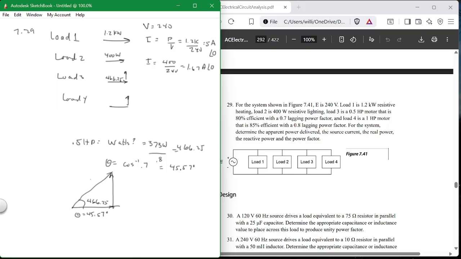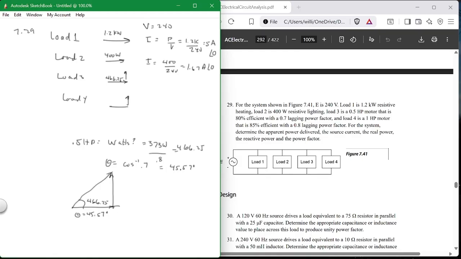I don't really need the power up here. This is 466. That's along the x-axis.